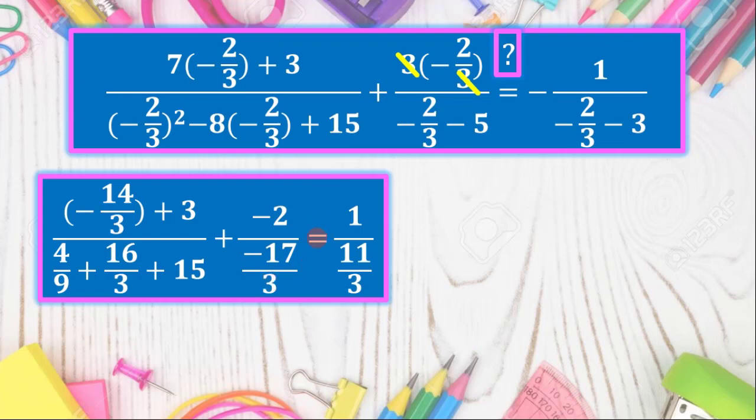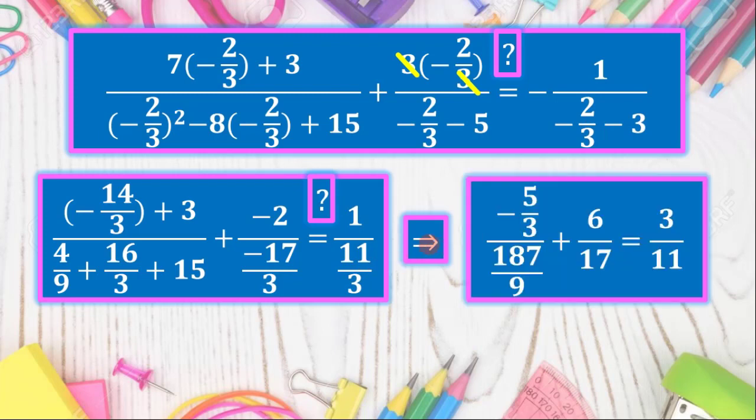This is equal to, or is this equal to? There's a question mark. Then the negative here and the negative, we factor the negative here and then we cancel out with the negative. So this becomes now 11 over 3. Why 11 over 3? Because we have 3 plus 2/3. That's 11/3. Then we simplify further.